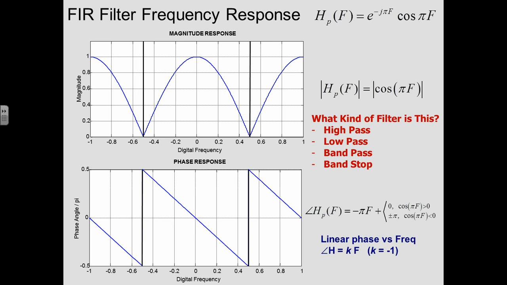In fact, what this filter does is introduce a pure time delay into a signal, which means it's going to shift in time all frequencies uniformly, so that they all shift the same amount of time, even though that requires a different amount of phase depending on what frequency you're putting in. And in fact, there's a linear relationship between how much phase you have to introduce to time shift all the different frequencies uniformly.